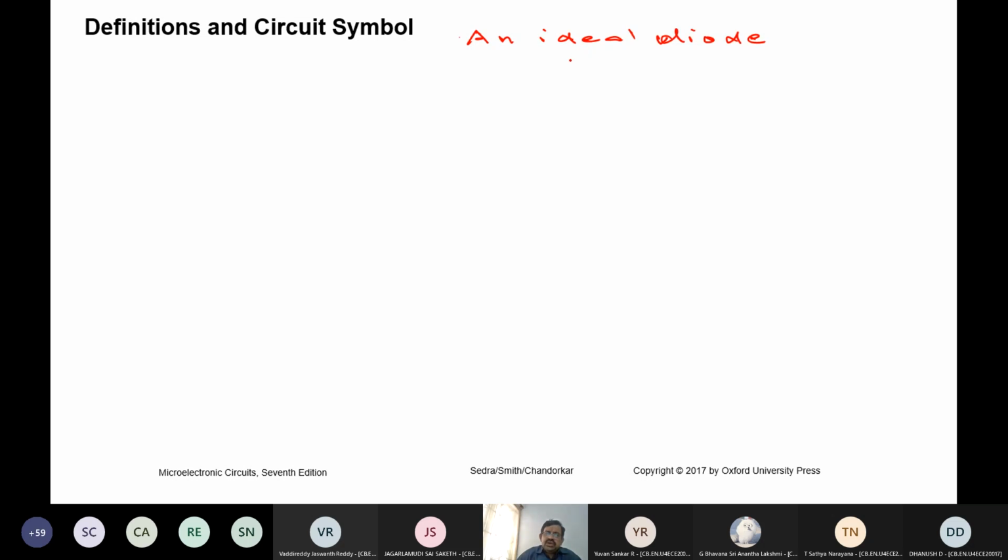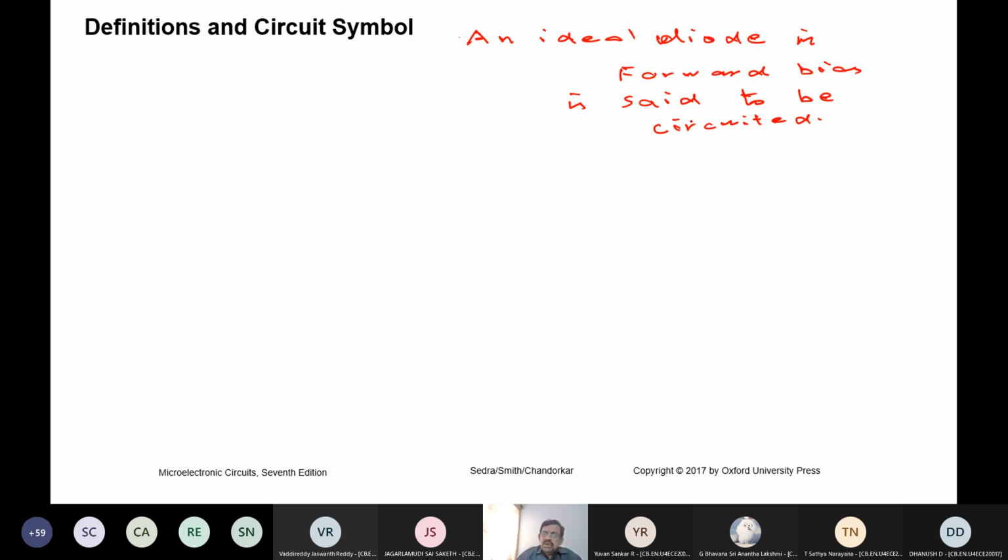When I say ideal diode, please remember that for now you understand that there is no barrier, it just allows the conduction. Let us start with forward bias. An ideal diode in forward bias is said to be short circuited, which means it allows the current to flow through it.